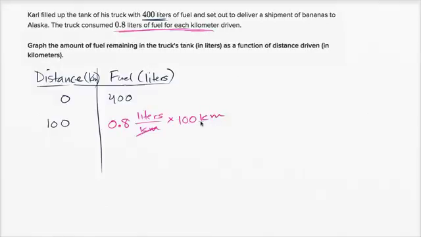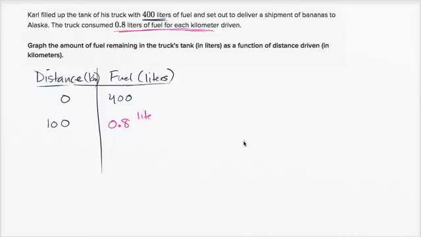The units work out, kilometers divided by kilometers, and we're left with liters. 0.8 of 100 is 80, and the units are liters. So at a distance of 100 kilometers, he's going to have consumed 80 liters.